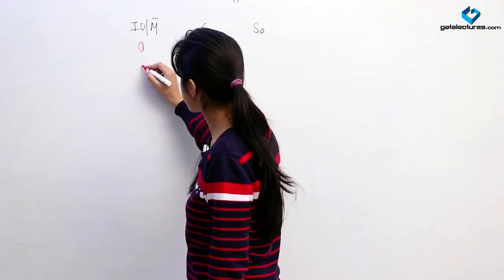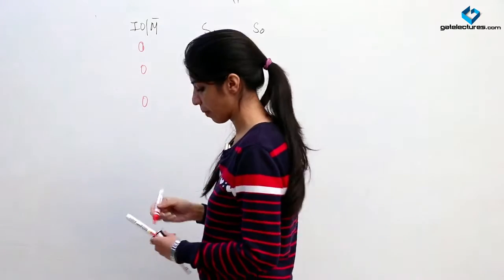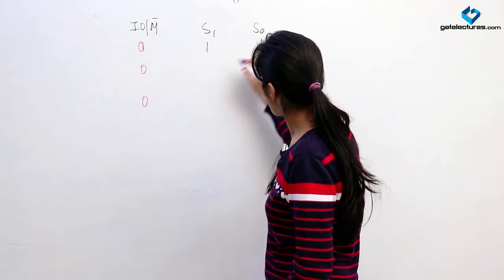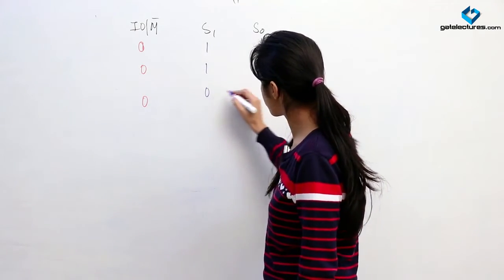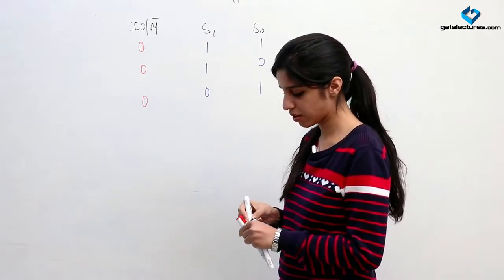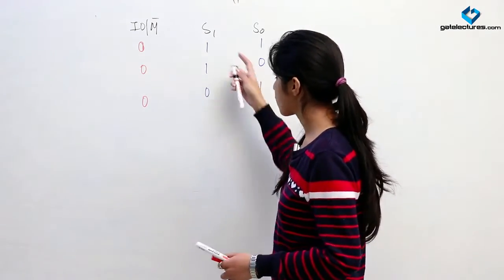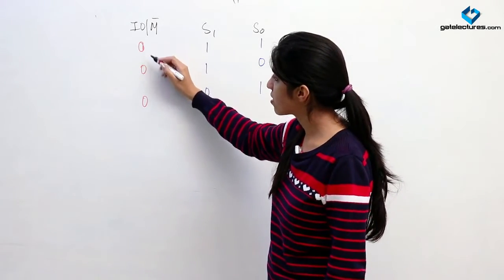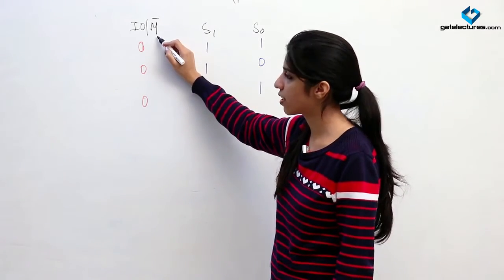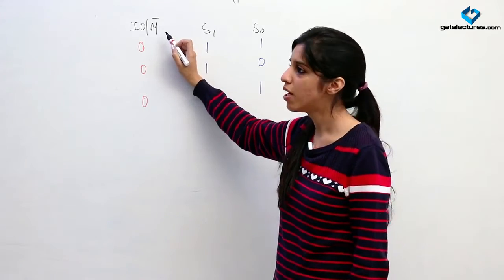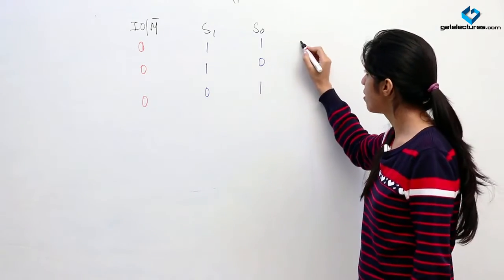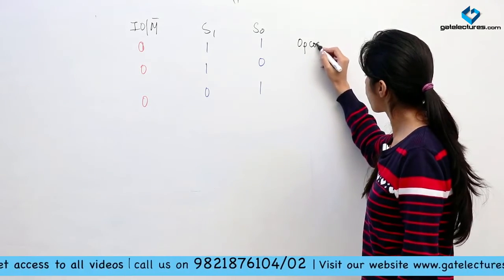First let us assume IO/M bar is 0. We are considering three cases. S1, S0 both cannot be 0. Since IO/M bar is 0, that means functions are taking place from memory, we are going to access the memory. Now when S1 and S0 both are 1, we are having opcode fetch.